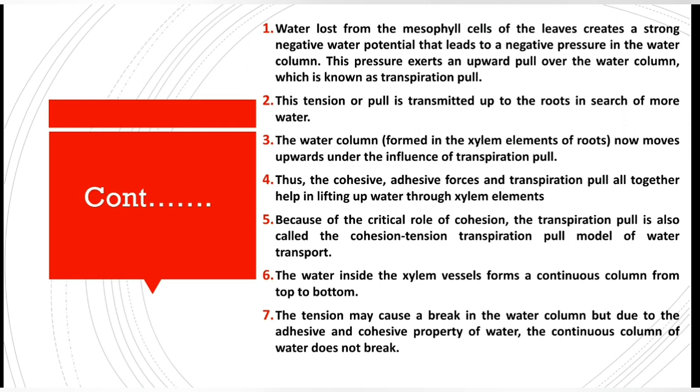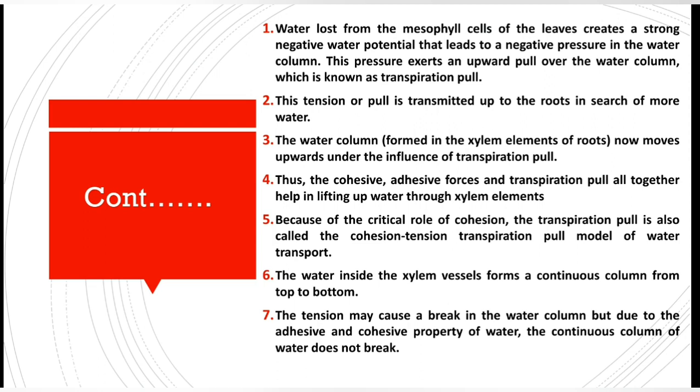Water inside the xylem vessel forms a continuous column from top to bottom. The tension may cause a break in the water column, but due to the adhesive and cohesive properties of water, the continuous column of water does not break. So this theory was widely accepted by scientists and researchers, because it properly describes the mechanism of the ascent of sap.